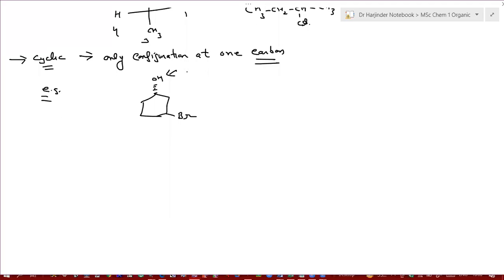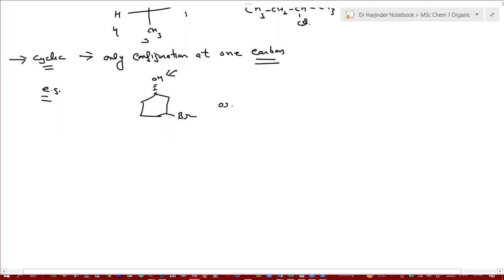Now which group is above the plane? It is not shown over here. So how will you assign configuration in this case when only one group, either above or below, is shown? What will you do in these cases?